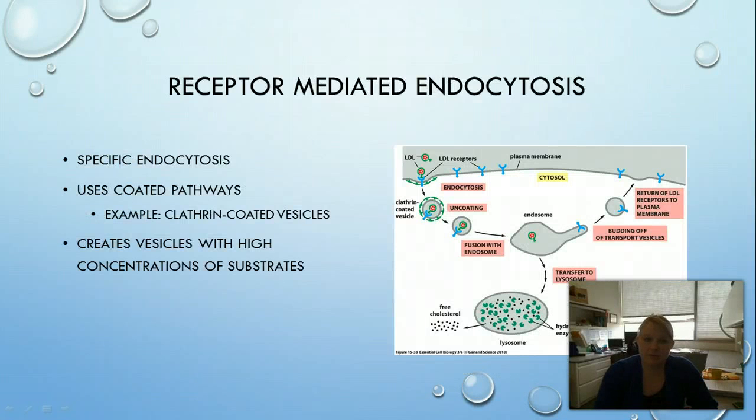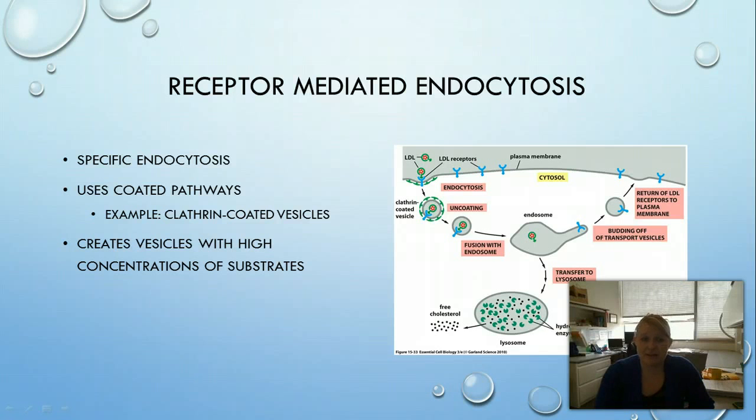And then we have receptor-mediated endocytosis. This is very specific. The other two are not specific at all. They will bring in either the big, large thing that they're looking at, or they're just going to bring in anything that's close to them through pinocytosis. In receptor-mediated endocytosis, we have receptors, and they're in these clathrin-coated pits, like I talked about when we talked about vesicles.